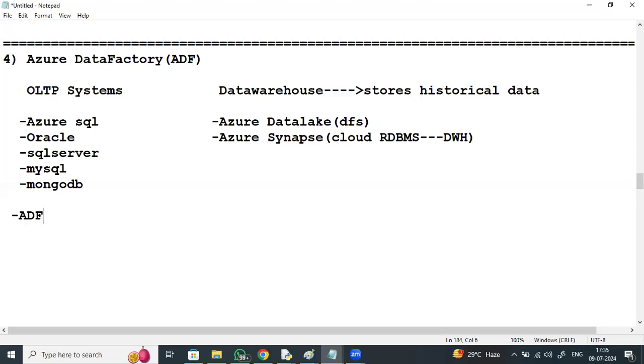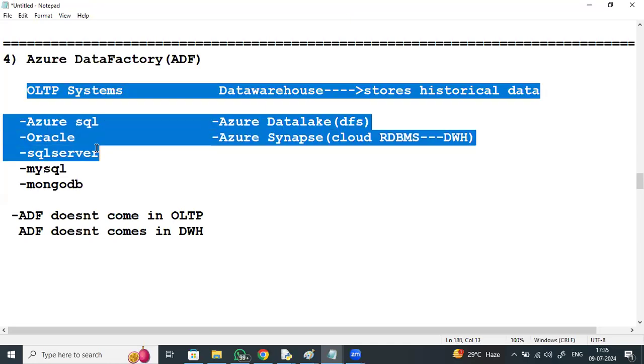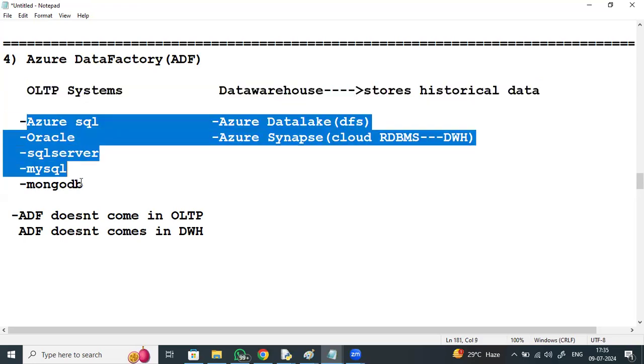ADF doesn't come in this OLTP. It doesn't come in the data warehouse. Some transactions happened, and they are stored at the OLTP side.